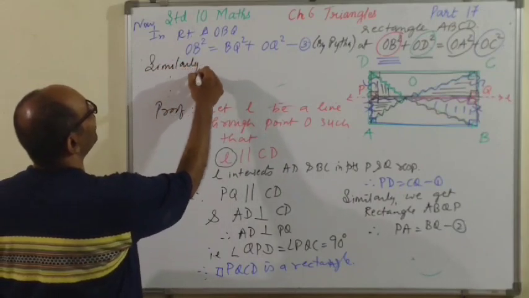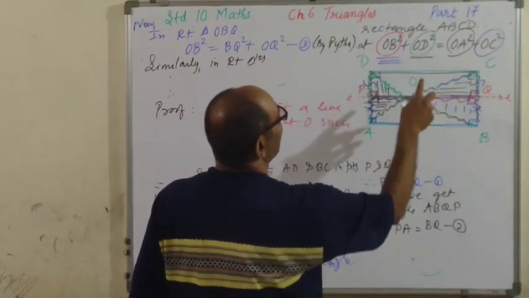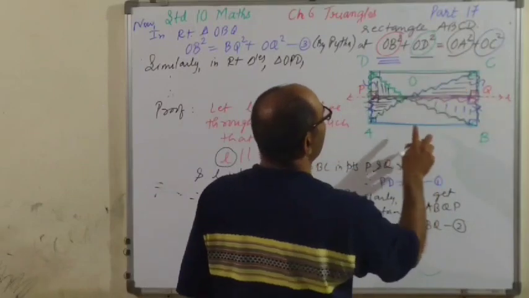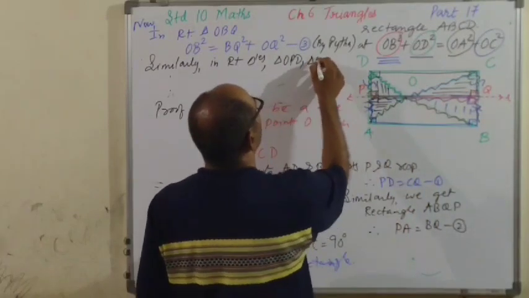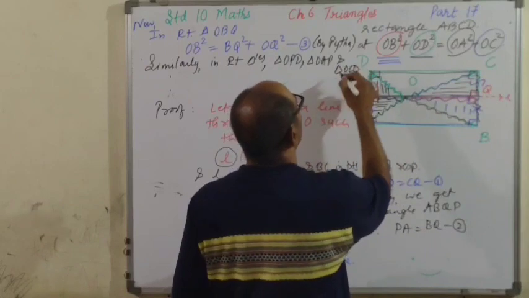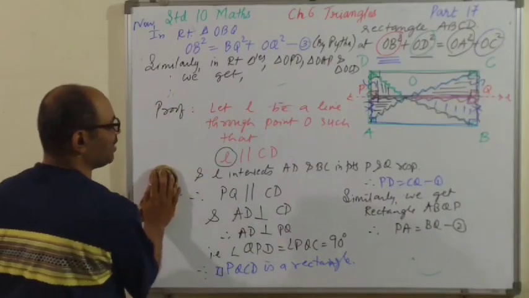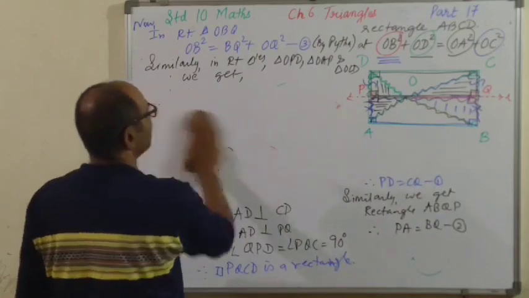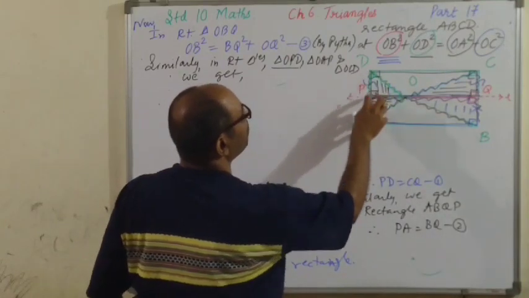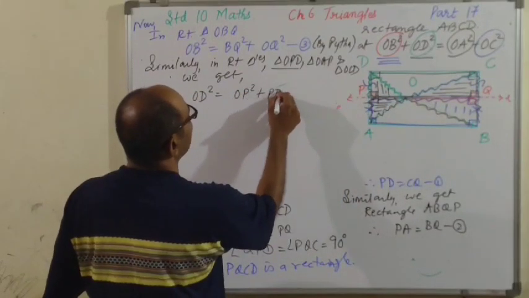Similarly, in right triangles OPD, OAP, and OCQ, we get: in ODP, hypotenuse OD, OD square is equal to OP square plus PD square.